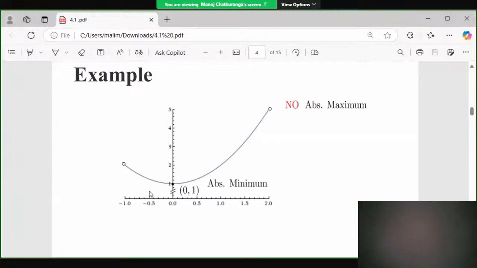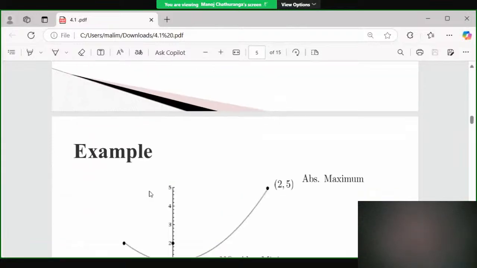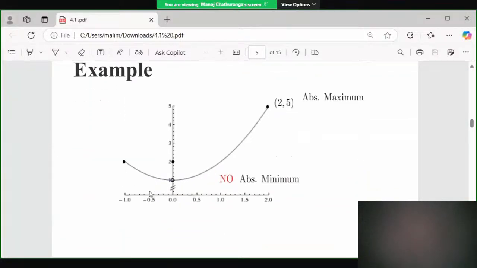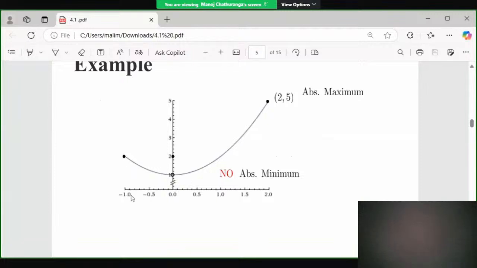So there is a very significant difference: by removing even a single point, you can change the picture completely. Now, if you think about changing the domain to something like closed at -1, open at 0, union, open at 0, and closed at 2.